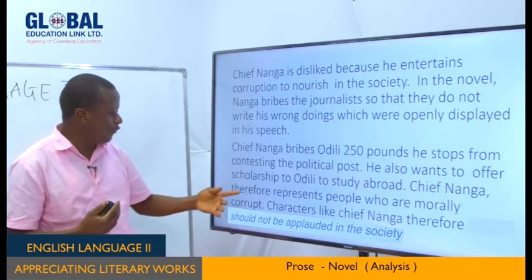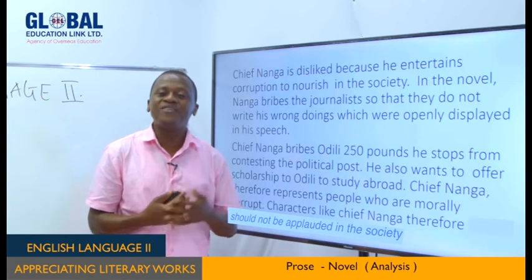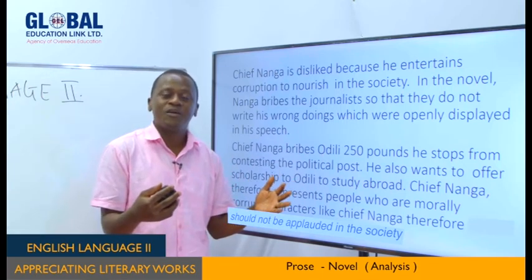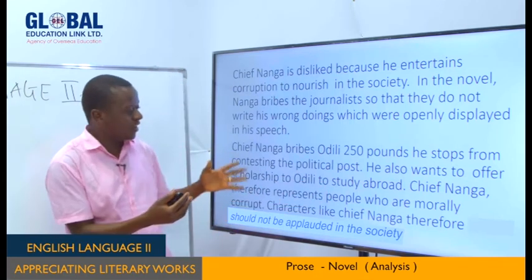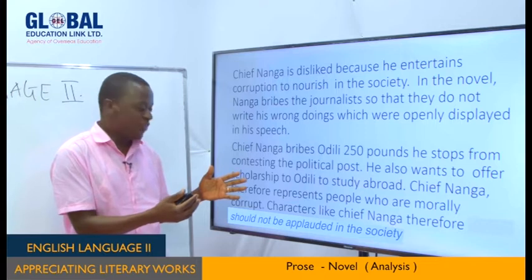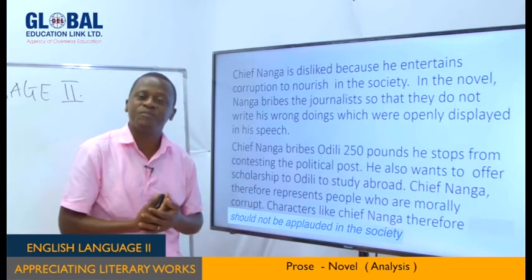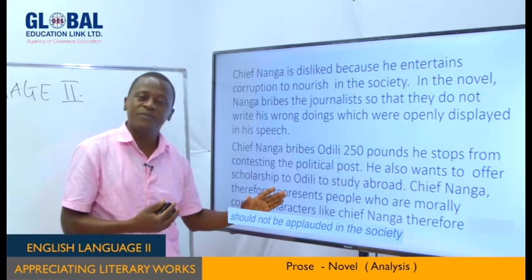He also wants to offer a scholarship to Odili to study abroad as a technique so that Chifranga contests in that particular election without any opposition. He wants to win an election unopposed.